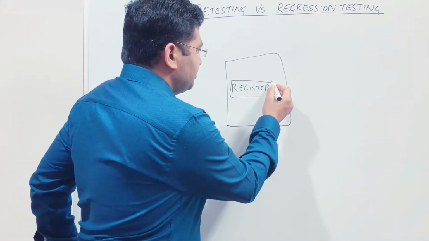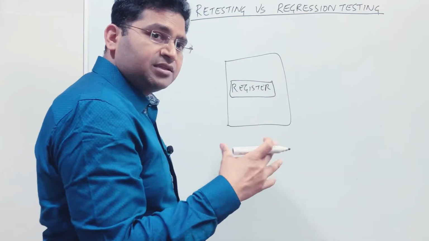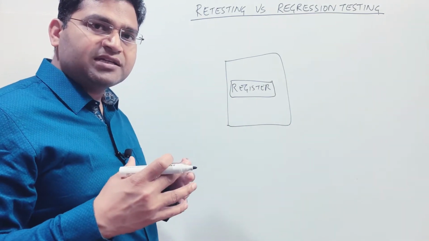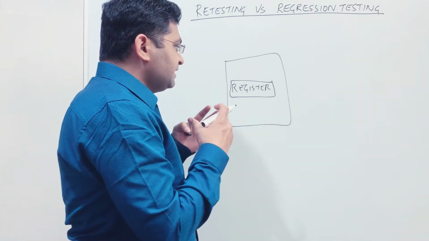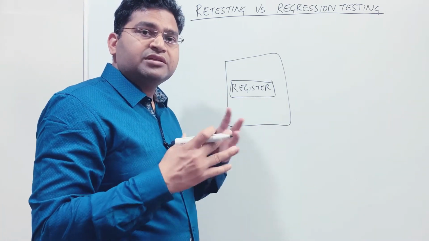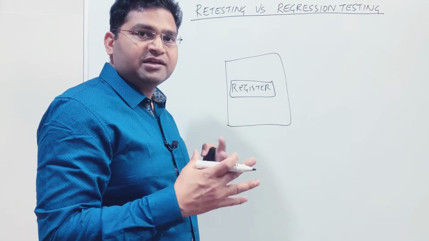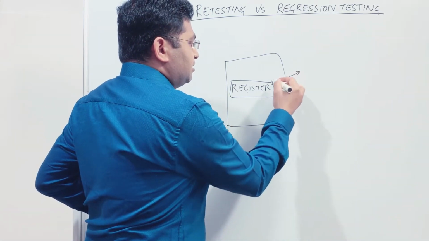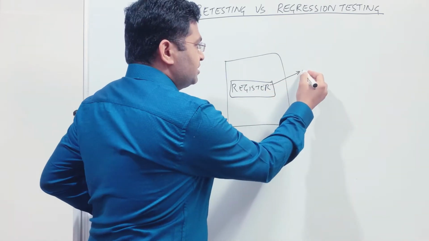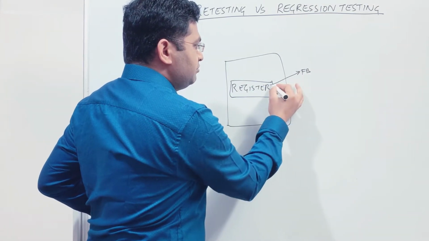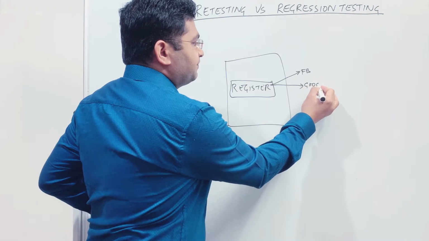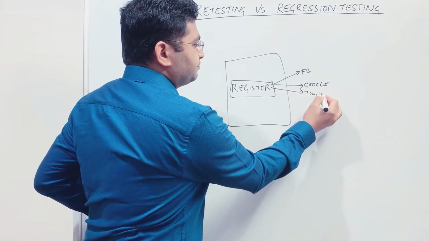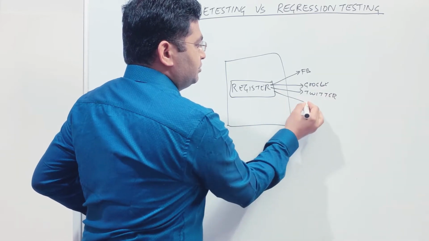Say for example, register is one functionality, and then there will be smaller modules within this functionality to cater for registration using different social media accounts and the email address. So register has the capability to register using Facebook account, using Google account, using Twitter, and using email.